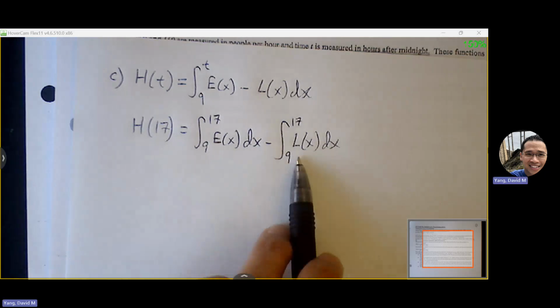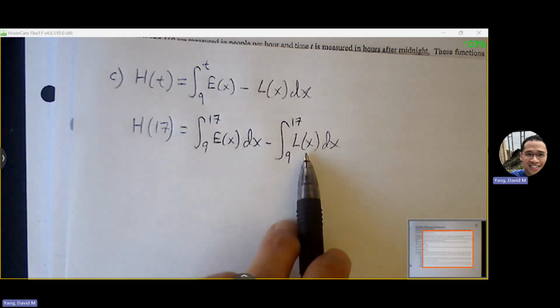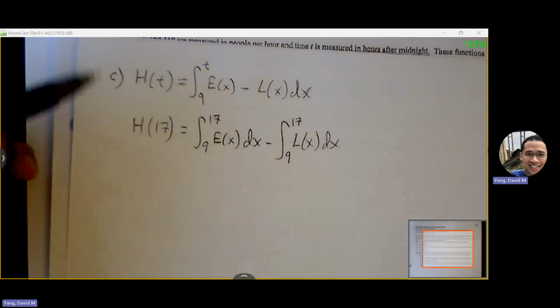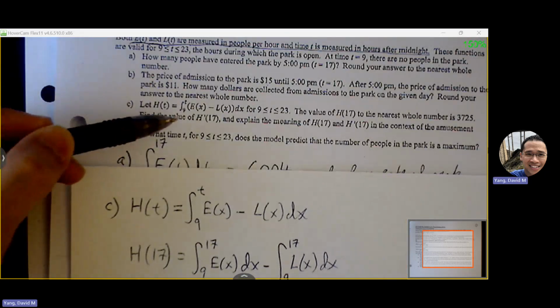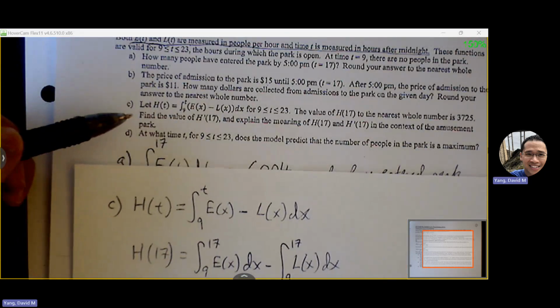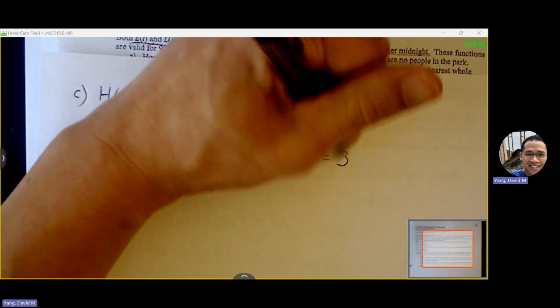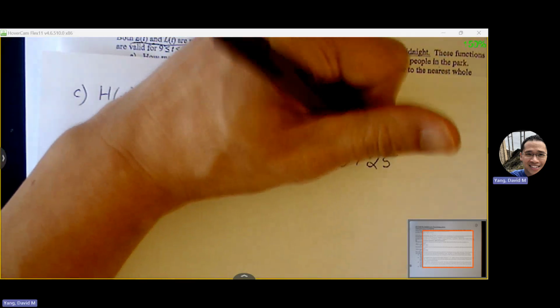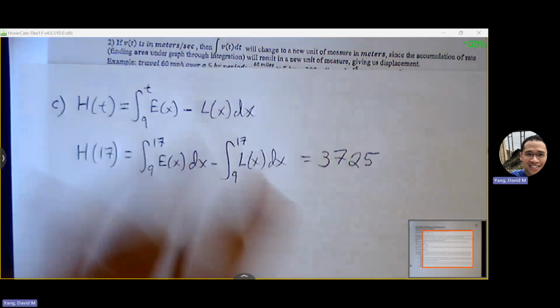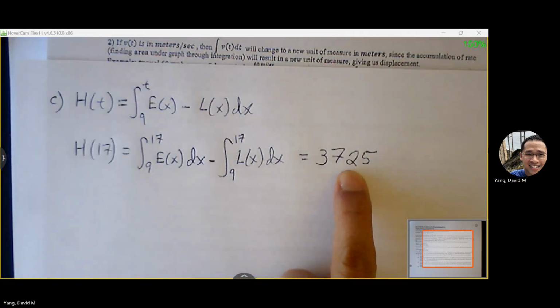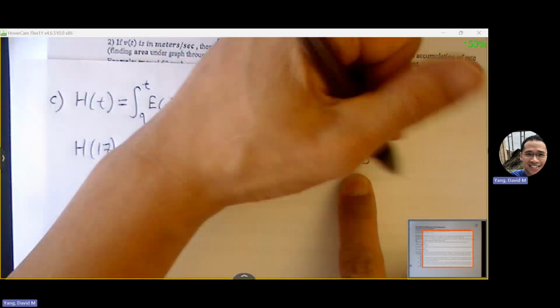Yeah. So if I subtract these numbers and they tell us that number is 3725, what do you think this number represents in the context of what's happening? This is in terms of people, right?